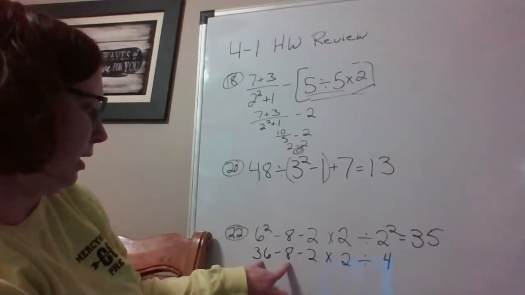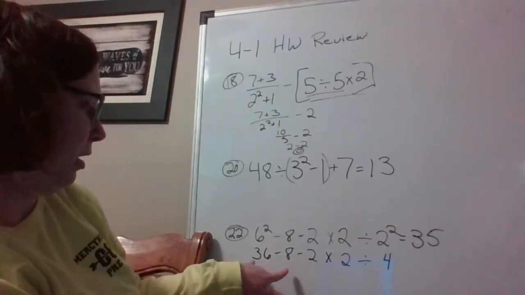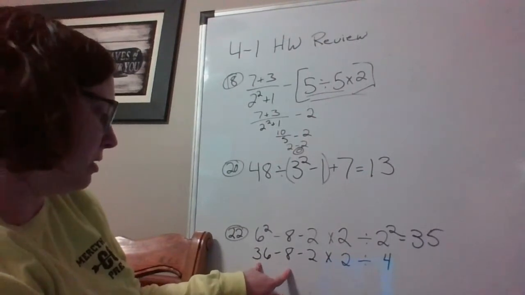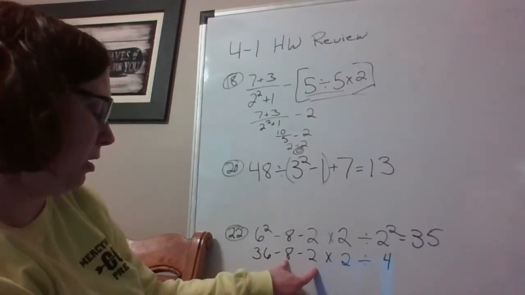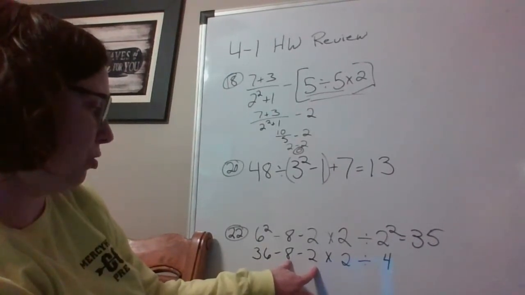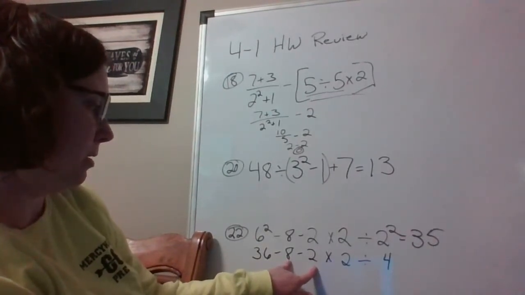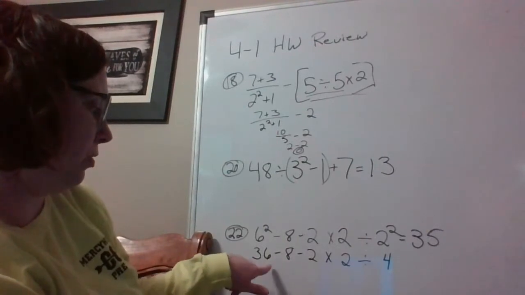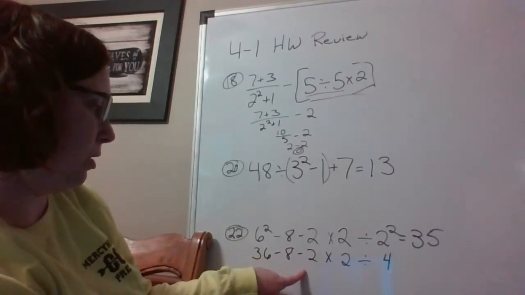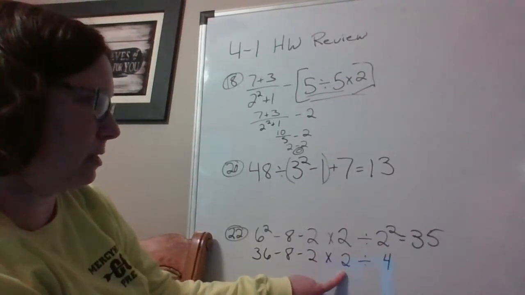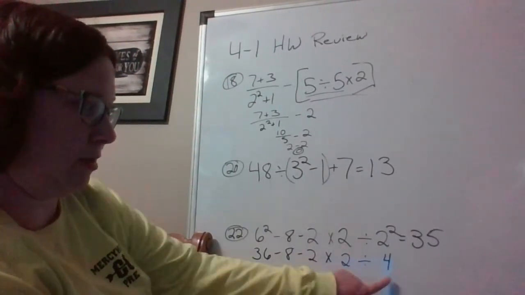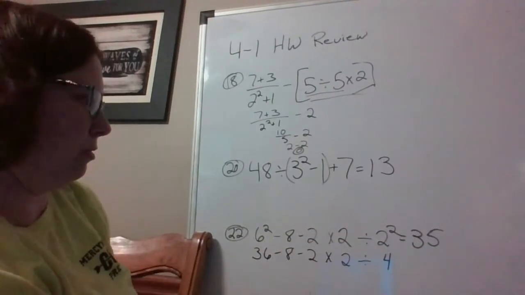If we take 36 minus 8, that could be right. 8 minus 2 would be 6. And then 36 minus 6 would be 30. And then if we times that by 2, we'd get 60. Divide by 4, and it's not going to be 35.